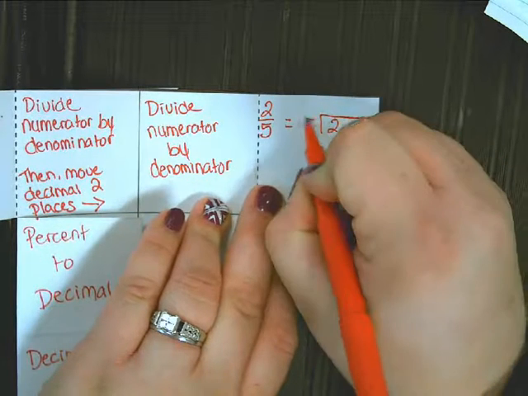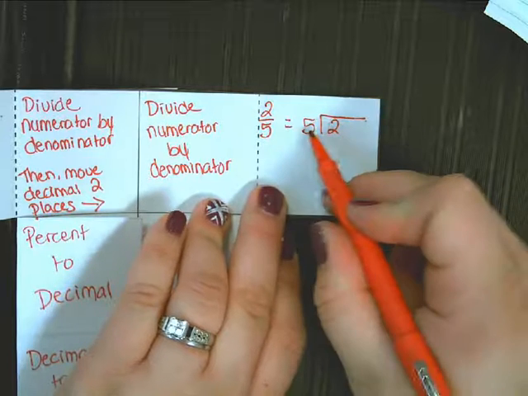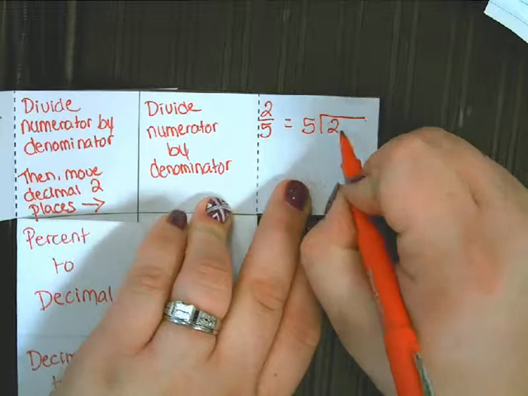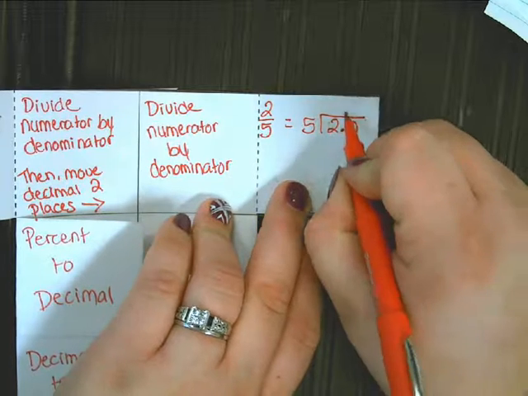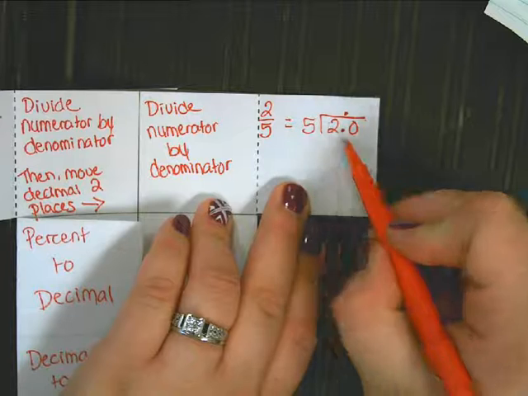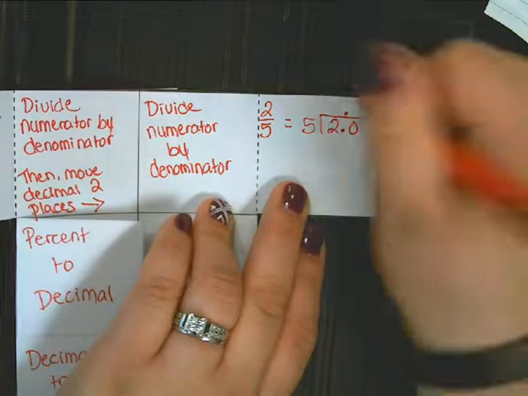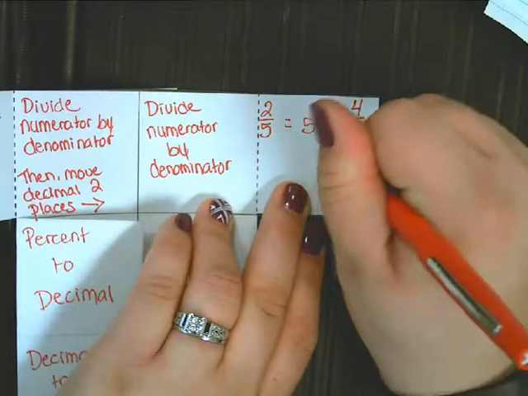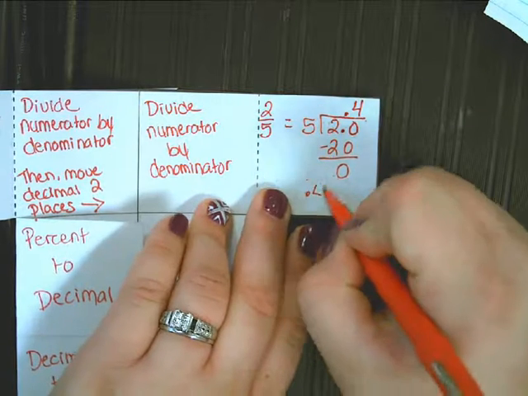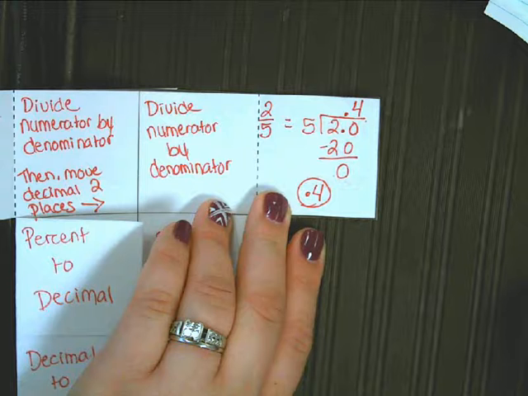Can I take 5 and divide it into 2 evenly? No. So I'm going to add a decimal with a 0, add my decimal straight up to my answer. How many times does 5 go into 20? 4 times. So I get 20. So my answer would be 0.4. You just did division that way, Carter. Good job, Carter.